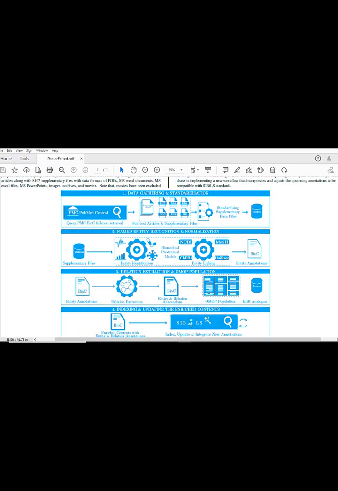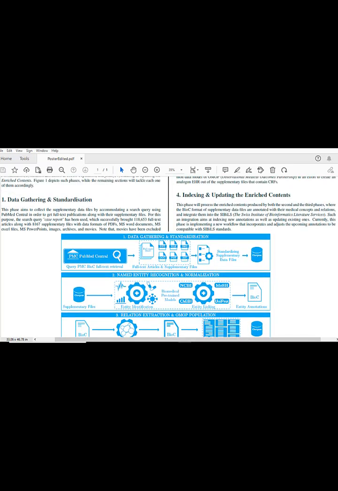The first phase, the data gathering and standardization, has been led by our UK partner from the University of Nottingham, in which they performed a search query using the keyword case report through PubMed Central, and they retrieved more than 100,000 full text publications, along with a couple of thousand supplementary data files.